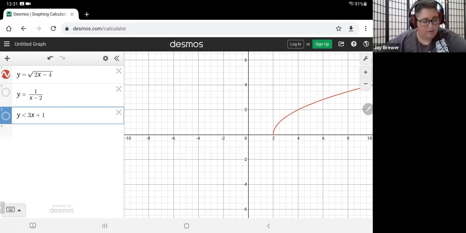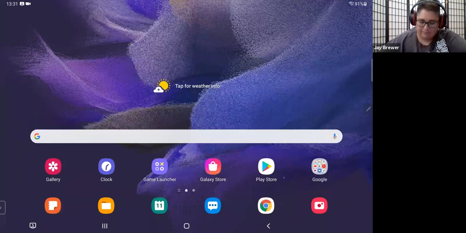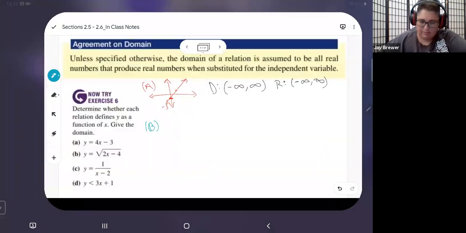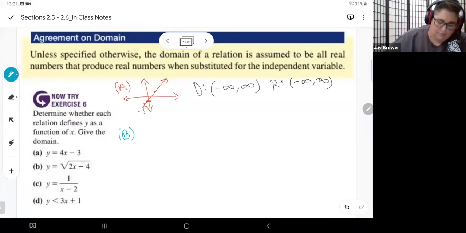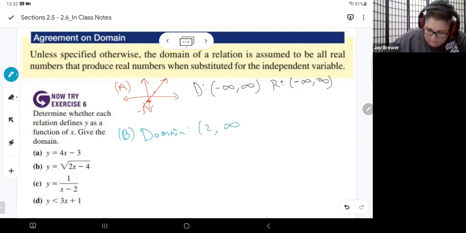So your domain, which is all we actually have to say at this point, is going to go from 2 to +infinity, and it includes 2.